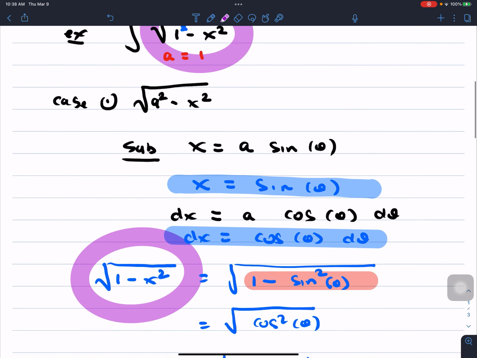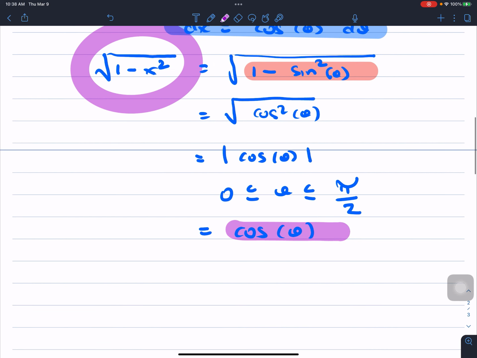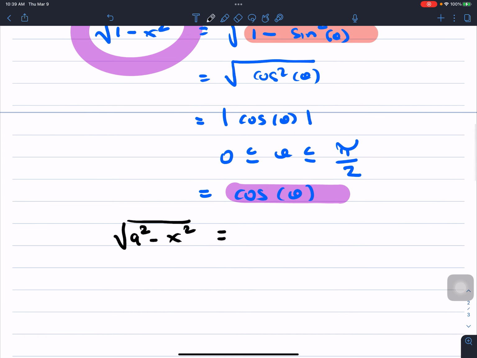So let's put everything together. Now, here's what the book is going to say, just so you guys know. If you convert a squared minus x squared, in general, that's going to be a cosine theta. Okay?